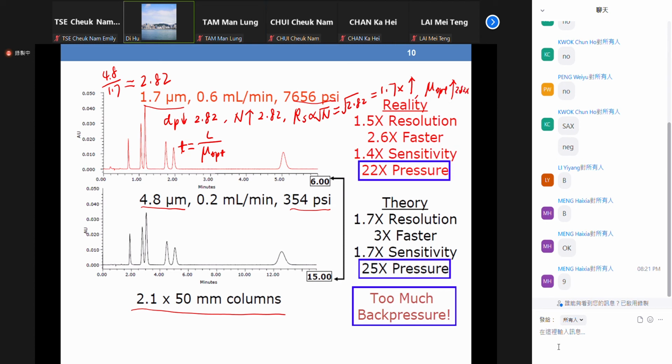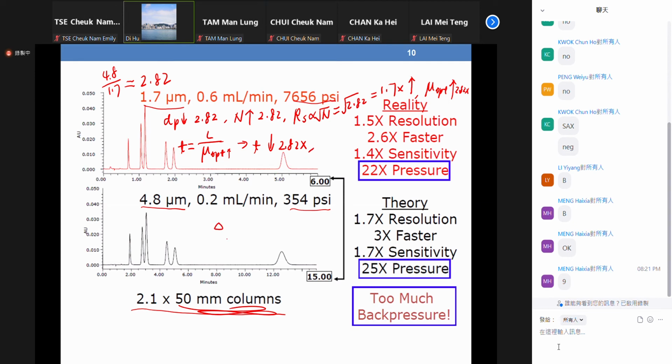If we keep the column length unchanged, because this one increased, T will decrease by 2.82 times, right?